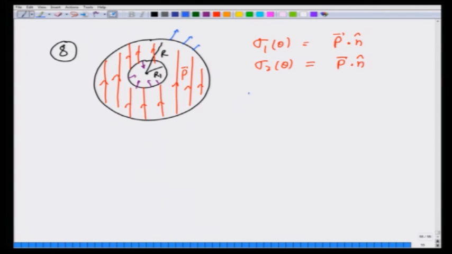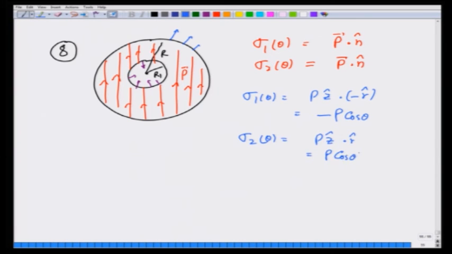So, sigma 1 theta is going to be P z times the normal, which is pointing in the minus r direction. So, this is going to be minus P cosine theta. Sigma 2 theta on the other hand is going to be P z dot r, because it is radially out, which is going to be P cosine theta. So, the bound charge on this cavity is going to look like what I show in the figure.